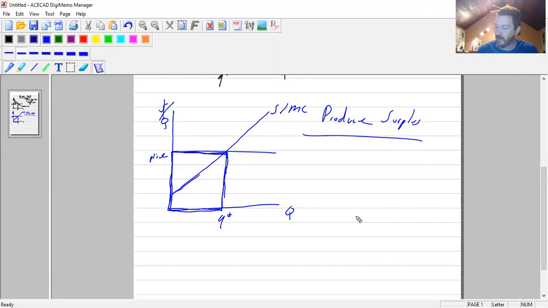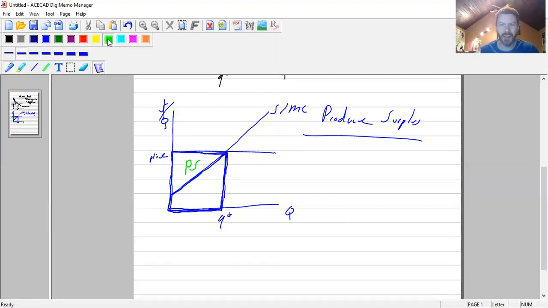This area is what the business gives up in terms of cost associated with producing these units. The difference between them is this area here. That's the producer surplus. The business is better off by this amount as a result of participating in this market.